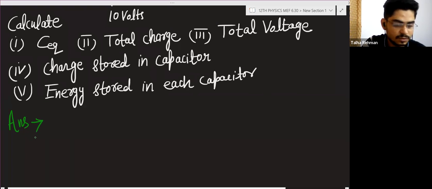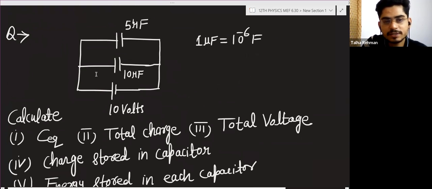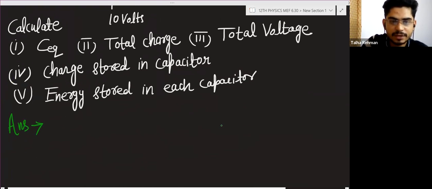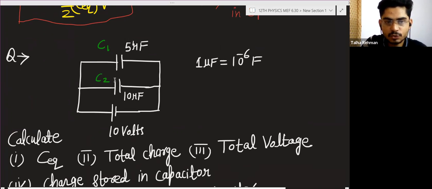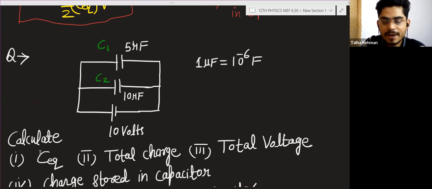Okay, so we have to find the C equivalent. So C equivalent is simply calculate if I am supposing this as C1, this as C2. Okay, these are two capacitors connected in parallel combination. Why parallel combination?